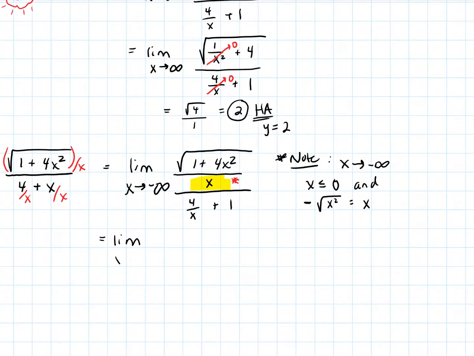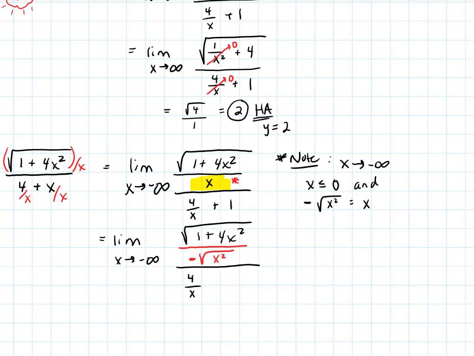So the limit of this function as x decreases without bound is actually going to be the square root of 1 plus 4x squared. I'll do this in red just to make it really clear. We can replace that x with the square root of x squared, but because x is negative, we have to include the sign. Because taking the square root of x squared, by definition, comes back out as positive, so we have to guarantee we have that sign.